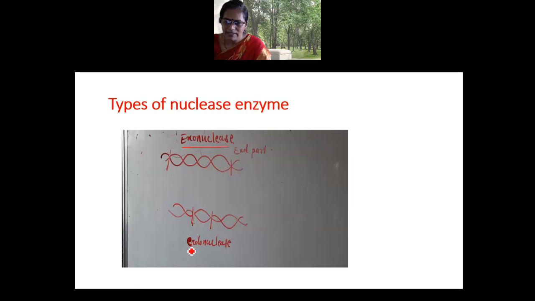And the second one is the endonuclease enzyme. The DNA which is selected is cut with the help of that endonuclease enzyme. When the enzyme cuts within the DNA, at the middle part, then it is called the endonuclease enzyme.